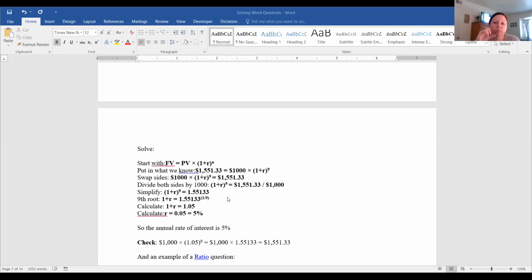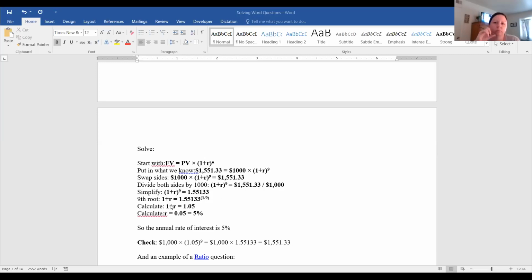We'd want to put that in parentheses when we're doing the calculation. Otherwise, it's likely to go wonky on you on the calculator. At least it does on mine. So we put that into the parentheses, which is what they've shown right here, and we solve that.